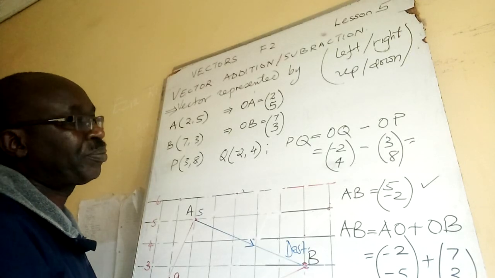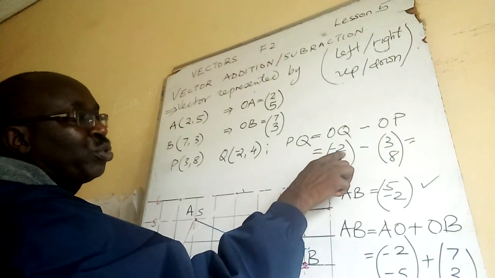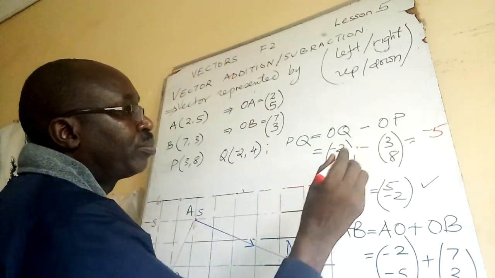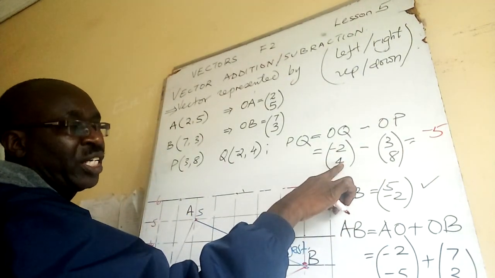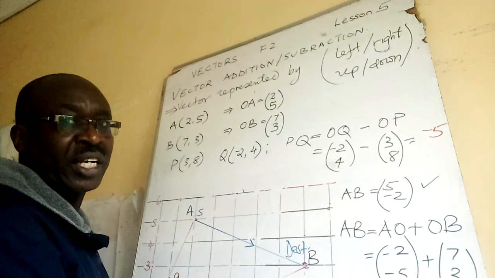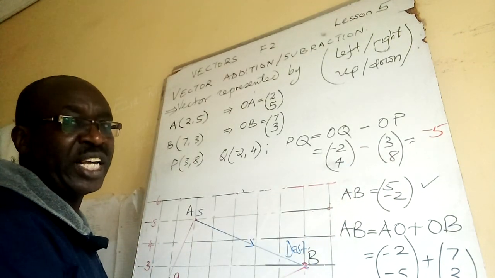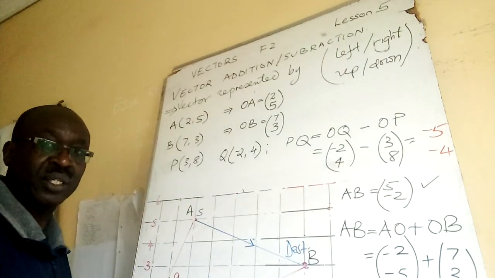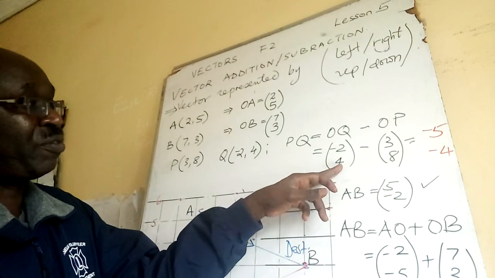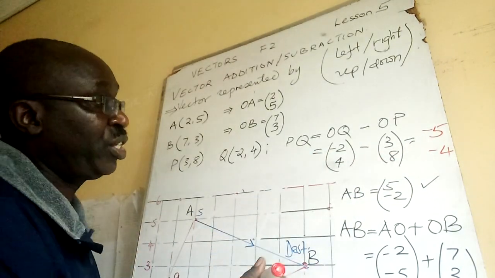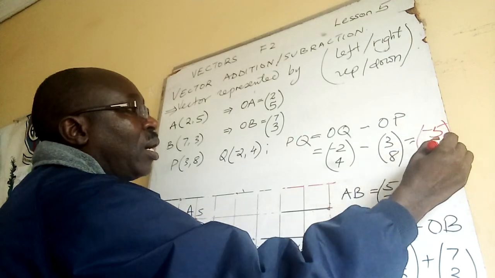What will it be? A debt of 2 shillings and a debt of 3 shillings gives me a debt of 5 bob. I have 4 shillings and you take away 8. So you have a debt of 4 shillings. It's like I have 4 bob and there is a debt of 8 shillings. We remain with that. So this will be our answer.